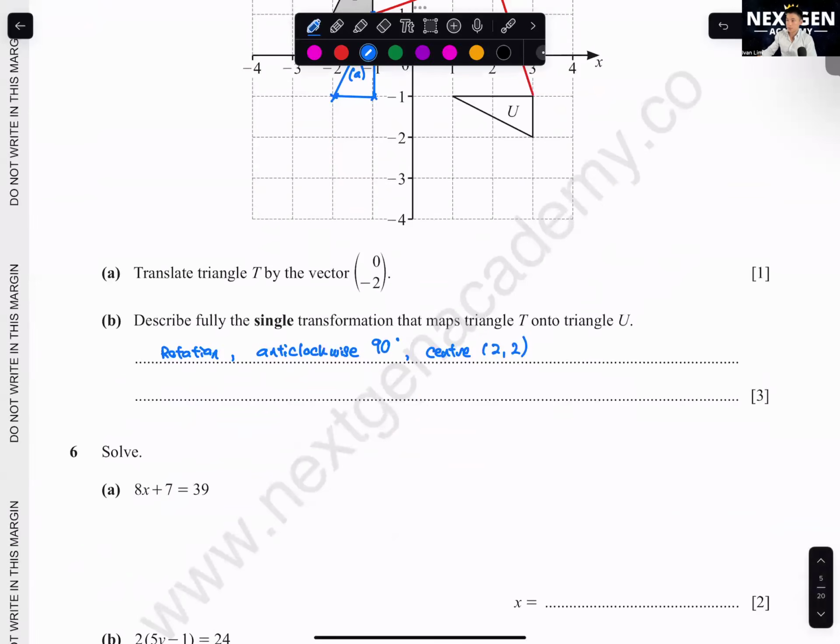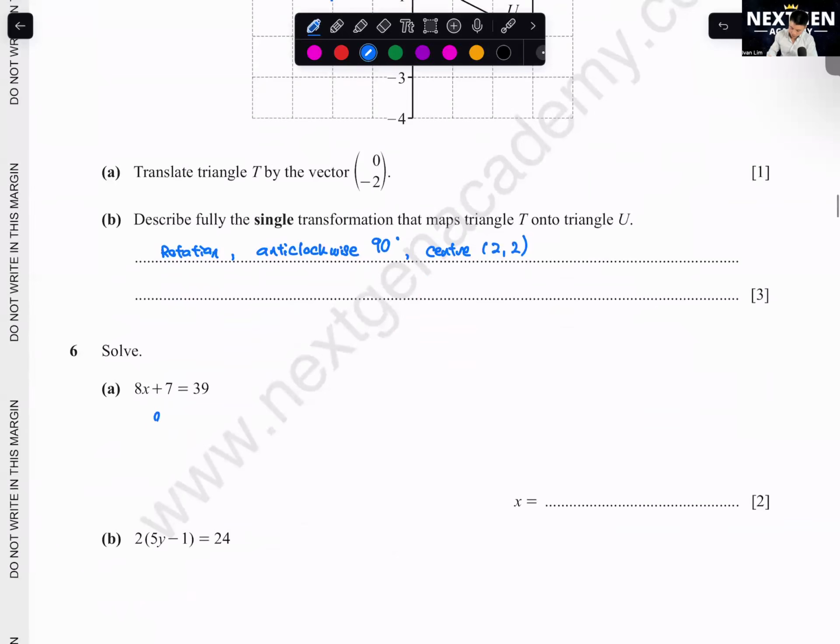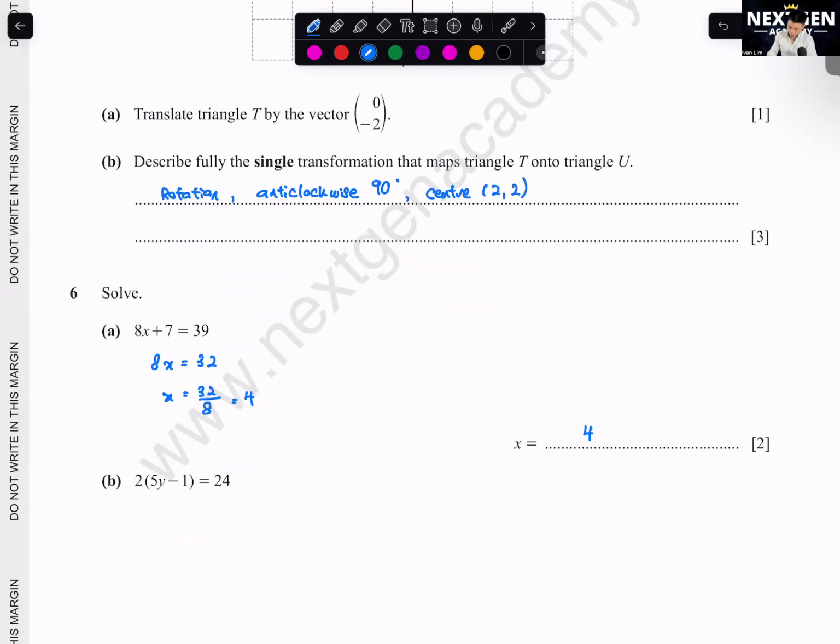Number 6. 8x plus 7 equals 39. 8x equals 32. X equals 32 over 8. 4. Number 2. 2 bracket 5y minus 1 equals 24.